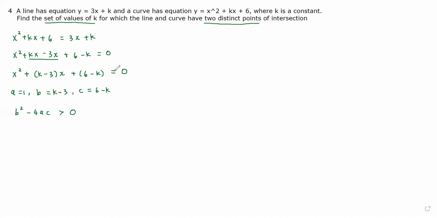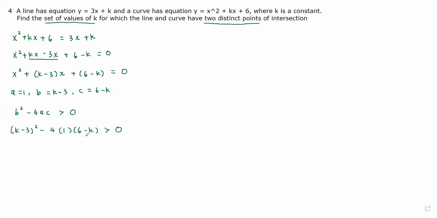Then we have two solutions, which correspond to two distinct points of intersection. b is k minus 3, so the square of k minus 3, minus 4, a is 1, c is 6 minus k. This is greater than 0.